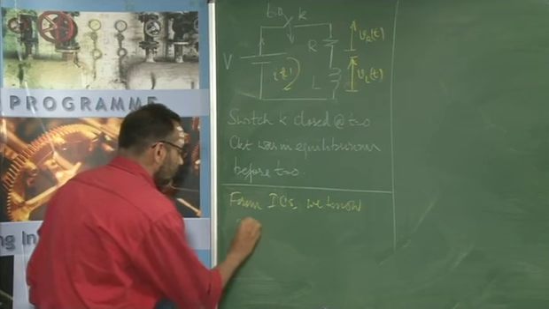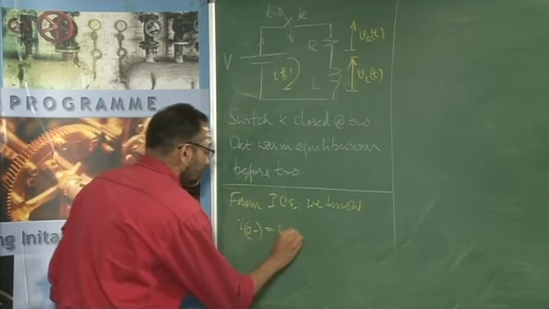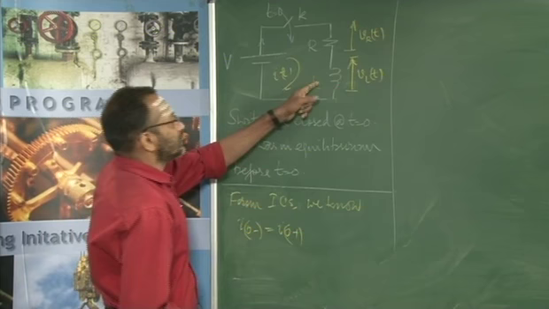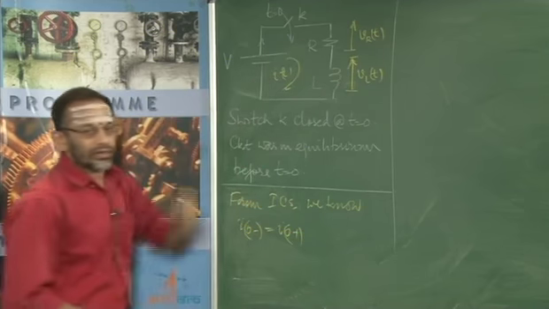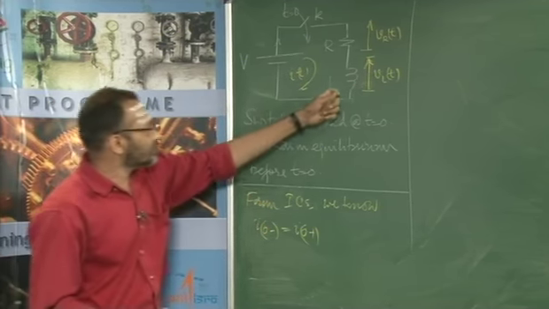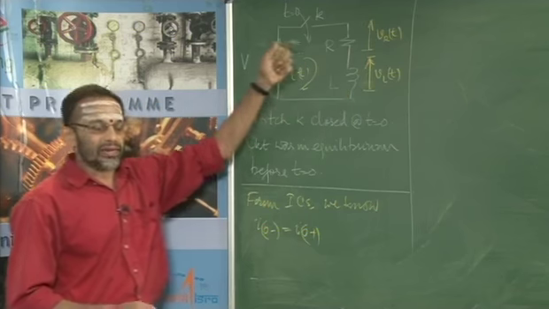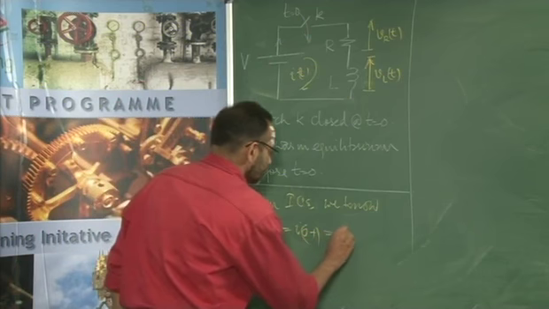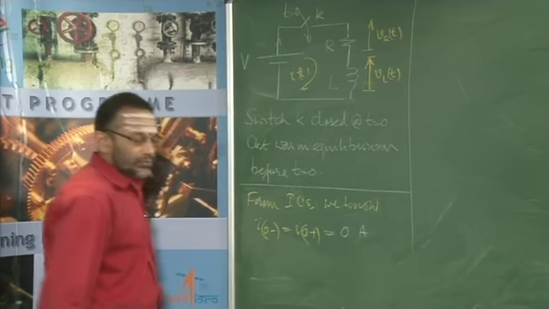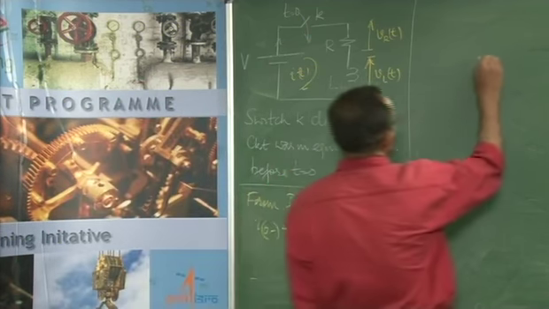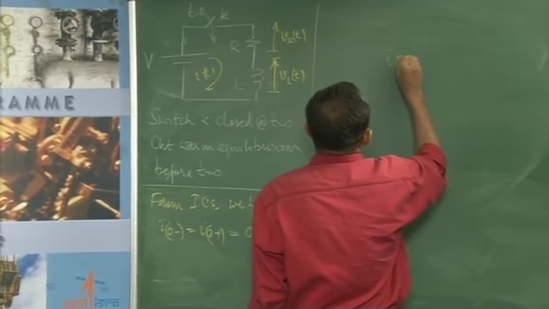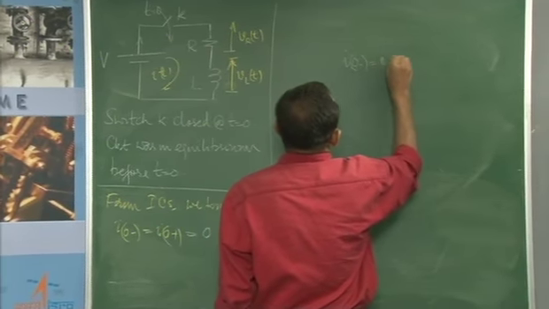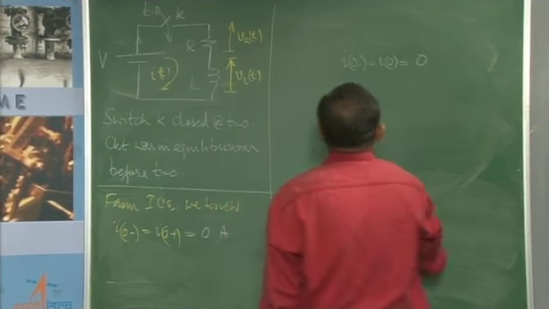I of 0 minus is the same as I of 0 plus. Why? Because it is the current through the inductor. It happens to be the current through the resistor, but what is important for us is to consider that it is the current through the inductor. So, I of 0 minus is the same as I of 0 plus, which is 0 ampere. Now, please be cautious, just because you get a value I of 0 minus equal to I of 0 plus, do not write it as 0.